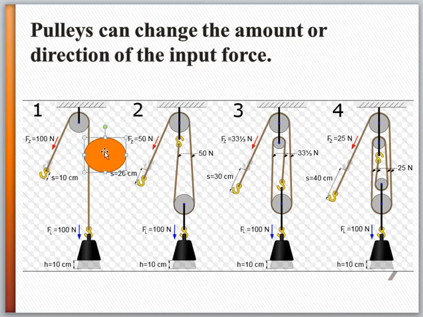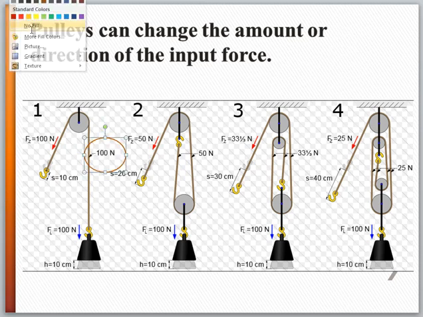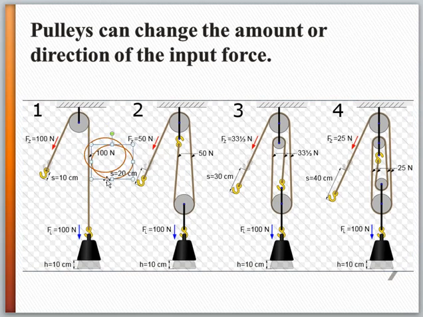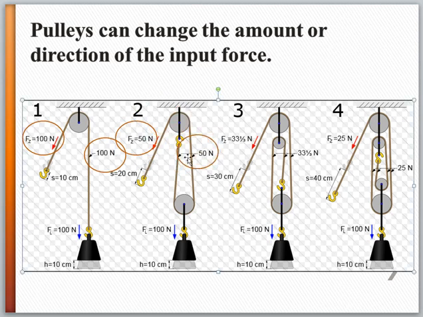If you look at the load here, and then compare that to the load here, you see that's the same. But when we do that same thing here, we'll see that the load in each of these is going to be different.